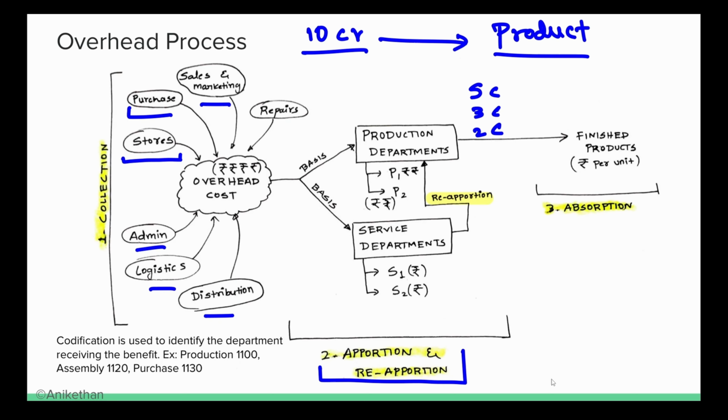Now it will be absorbed by units based on how many units are produced by each department. So if 5 crore units are produced by production department 1, then 1 rupee per unit will be absorbed. This is the entire concept of how collection, apportionment and absorption of overhead takes place.